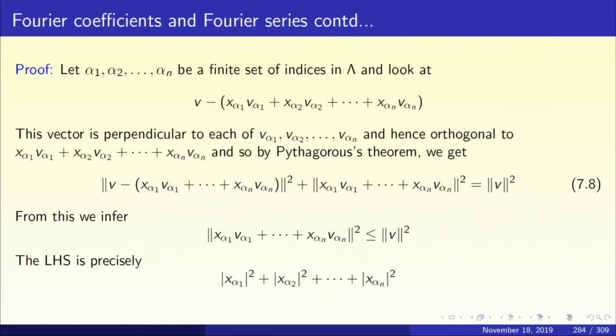So, we have checked that this difference, v minus this finite linear combination, is orthogonal to v alpha 1. Similarly, it is orthogonal to v alpha 2, etc., up to v alpha n. We have checked that claim.